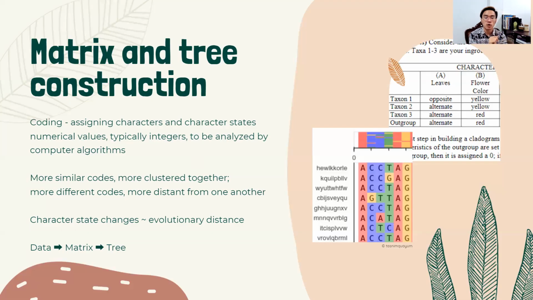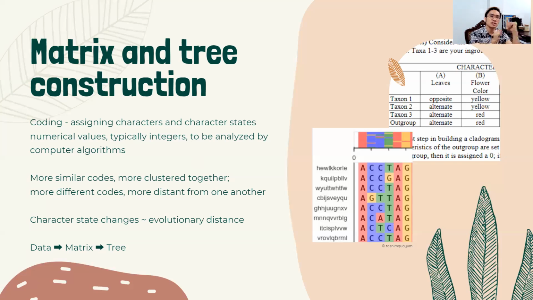So that essentially implies that we have an assumption here that the differences in the character states across different OTUs essentially reflect the changes that happen in those character states throughout time.